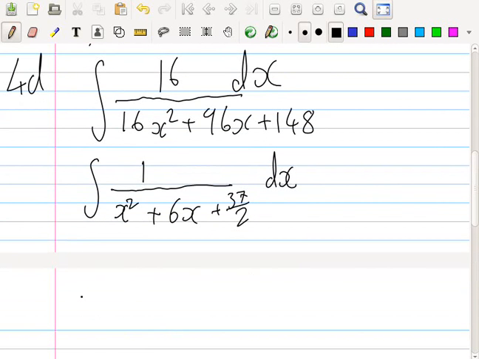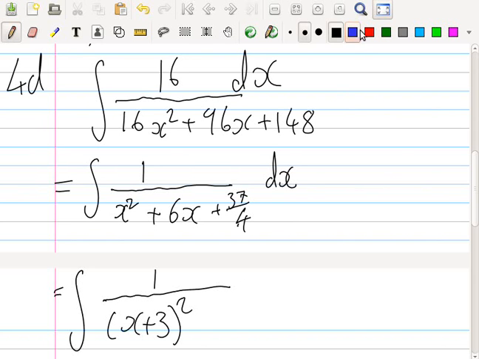Now, what we do next, I'll scroll back up, don't worry. What do we do next? We complete the square, yes? So what we do is we complete the square. x plus 3 squared. Now, I need somebody to type in on their calculator here 37 over 4 minus 9.